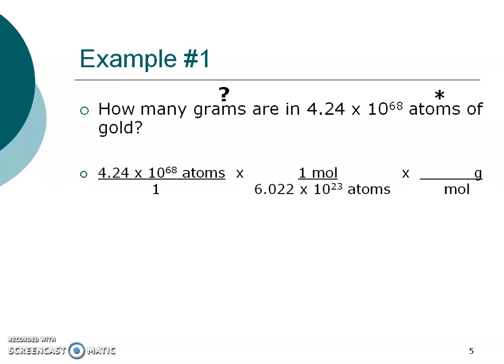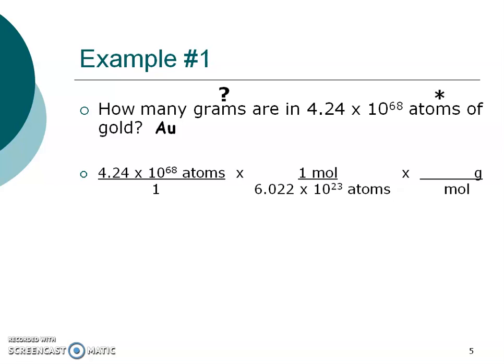Uh-oh, grams. At Gram Island, we don't have a true value. At Gram Island, we have to come up with that molar mass or the atomic mass or the formula mass. So what substance are we dealing with? Well, gold. So let's get that symbol of Au.